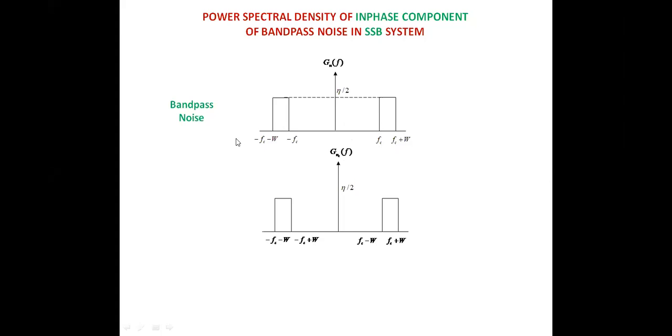This will be extending from minus 2Fc to minus 2Fc plus W, isn't it? And what will happen if it is shifted to the right? When it's shifted to the right, this portion will be shifted to the center so that Fc becomes 0. So this portion will range from minus W to 0. And what about this?